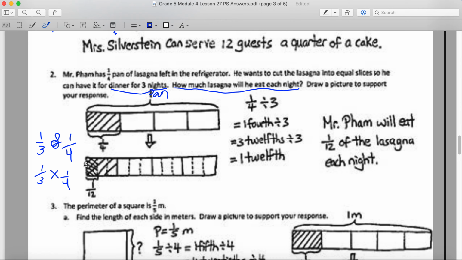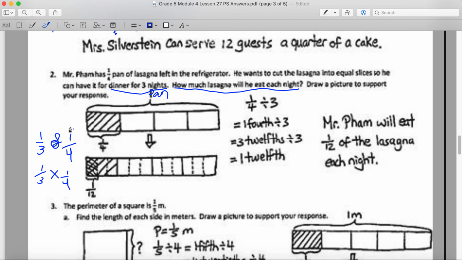Well, because you're trying to understand how much of the pan was eaten just as well. So you're trying to find, this is like 1/3 of 1/4. It's really 1/12 of the entire pan.